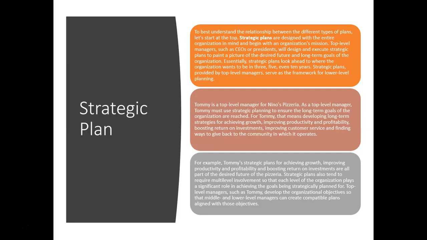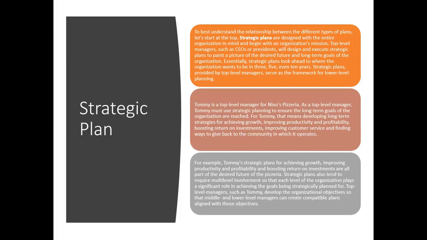Essentially, strategic plans look ahead to where the organization wants to be in 3, 5, even 10 years' time. Strategic plans provided by top-level managers serve as the framework for lower-level planning.